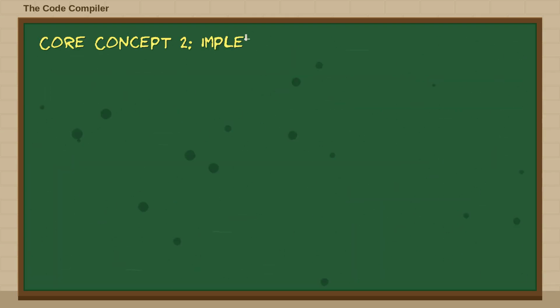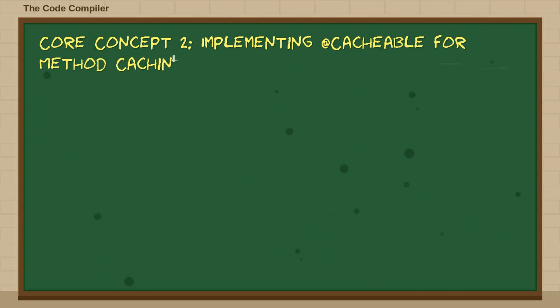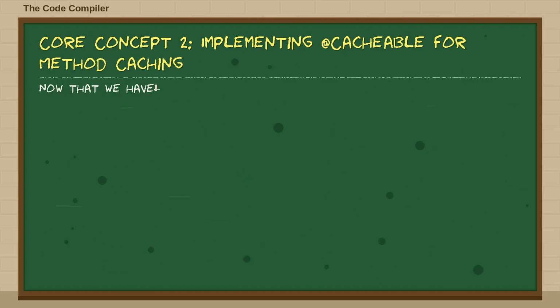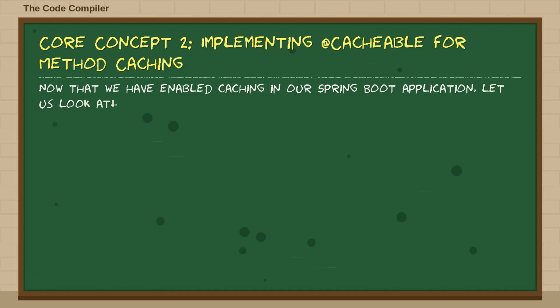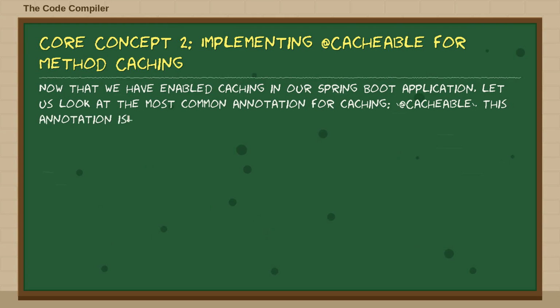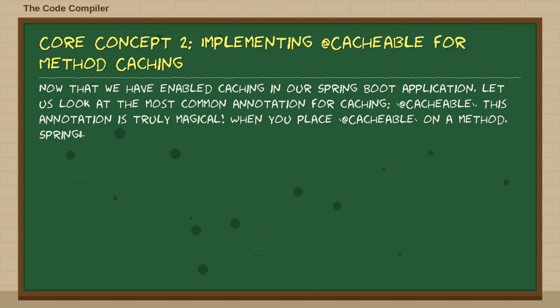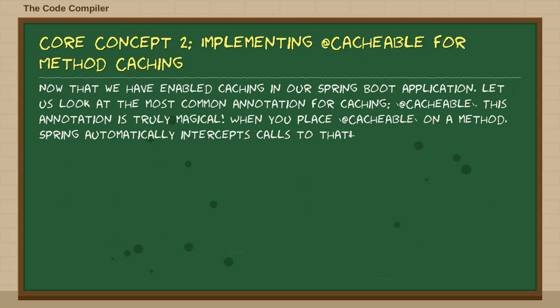Now that we have enabled caching in our Spring Boot application, let us look at the most common annotation for caching, @Cacheable. This annotation is truly magical. When you place @Cacheable on a method, Spring automatically intercepts calls to that method.